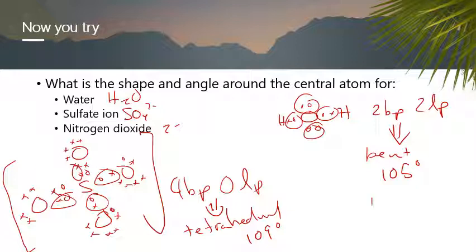Nitrogen dioxide. In this case nitrogen has too many, so let's convert one of the double bonds to be a dative bond.